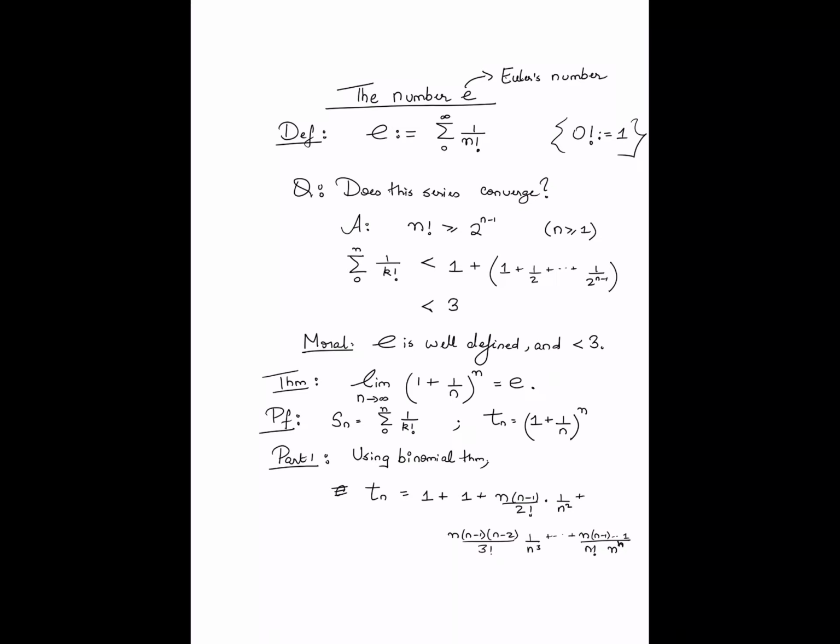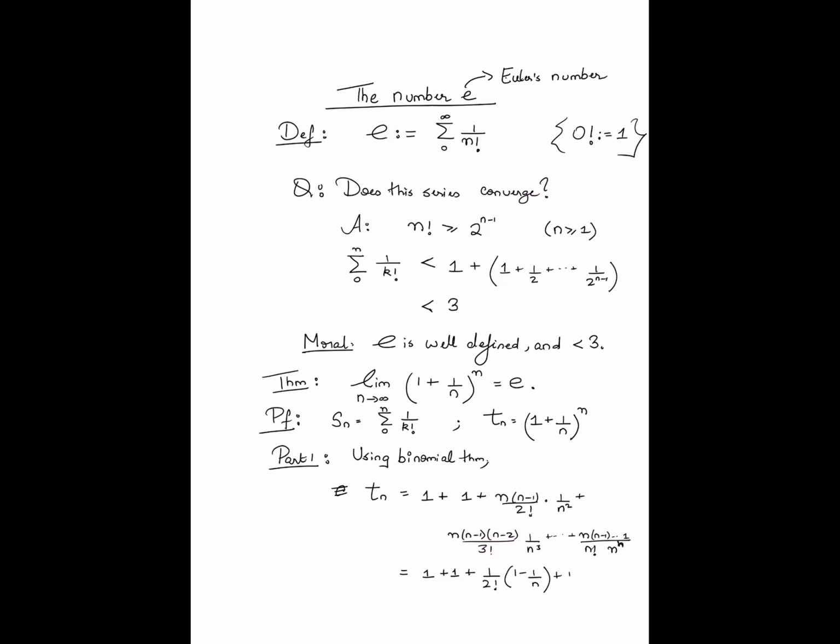Okay, we further are going to write it as follows. It's going to be 1 plus 1 plus 1 by 2 factorial into 1 minus 1 by n. Right, so effectively n into n minus 1 by n square is after all 1 minus 1 by n.